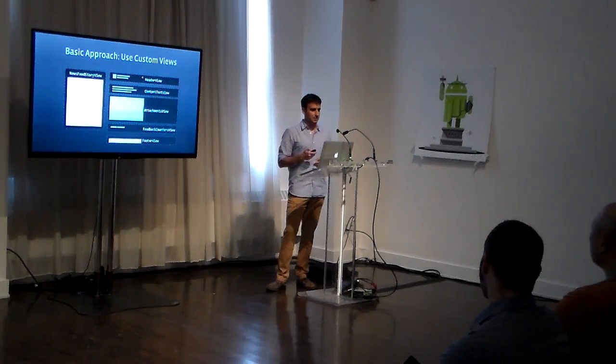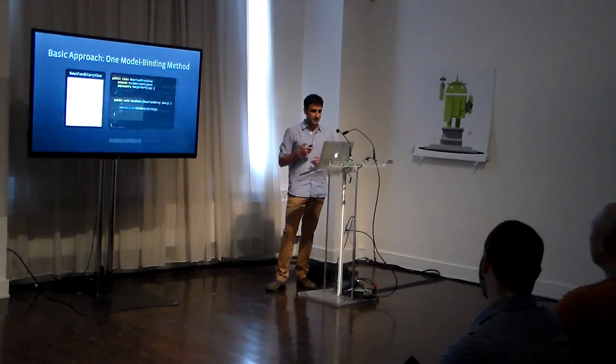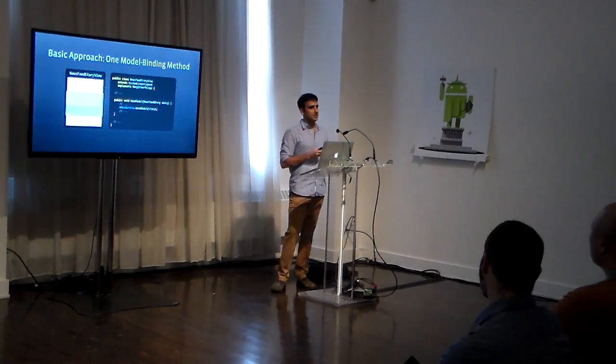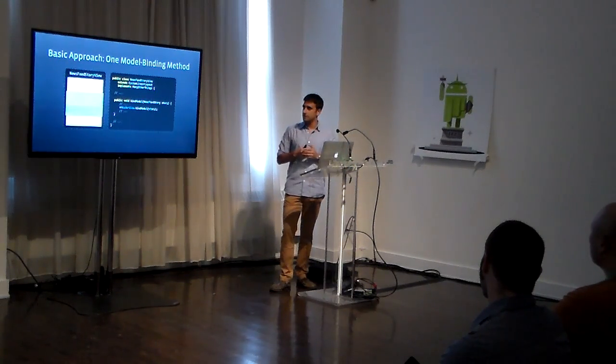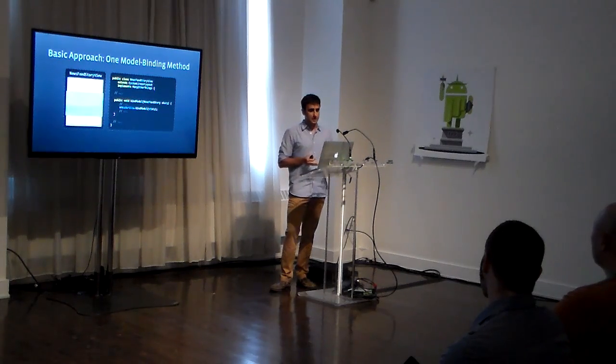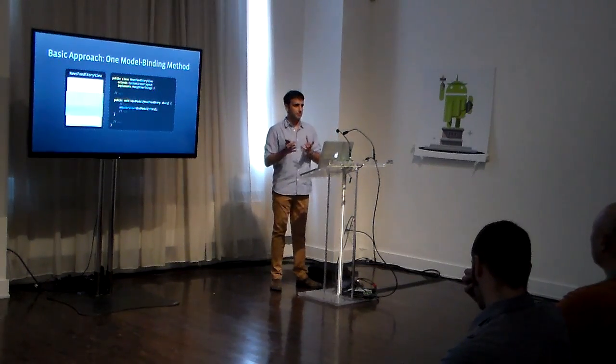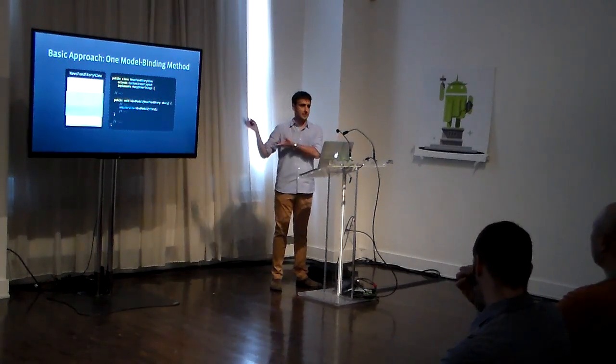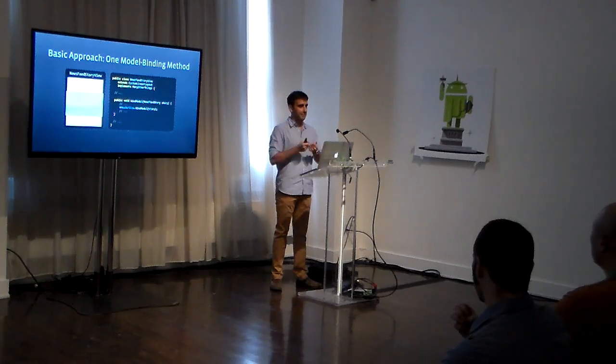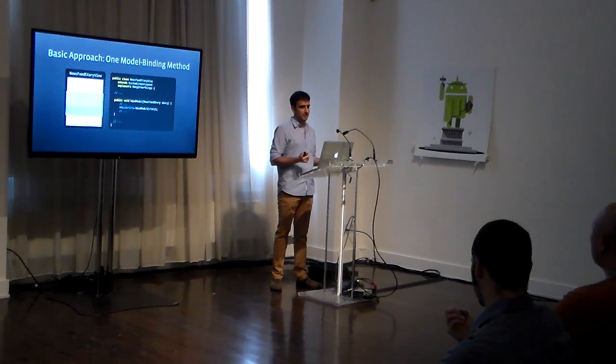And the other aspect of this basic design was that each such custom view is going to have one important method that we call bind model. What bind model does is basically take some kind of object from your business domain, in this case a newsfeed story, and break it down on the view to display it.